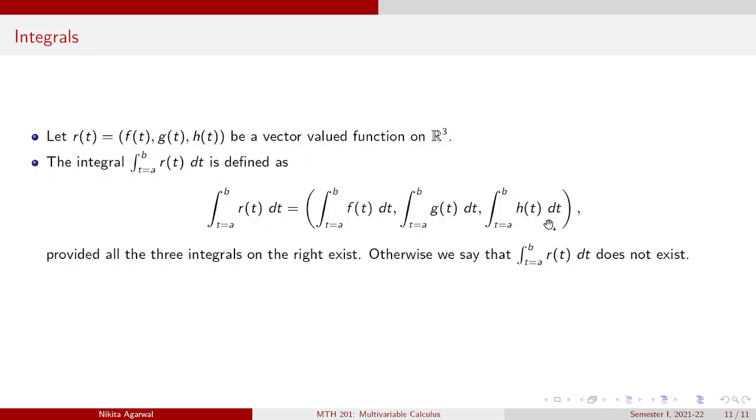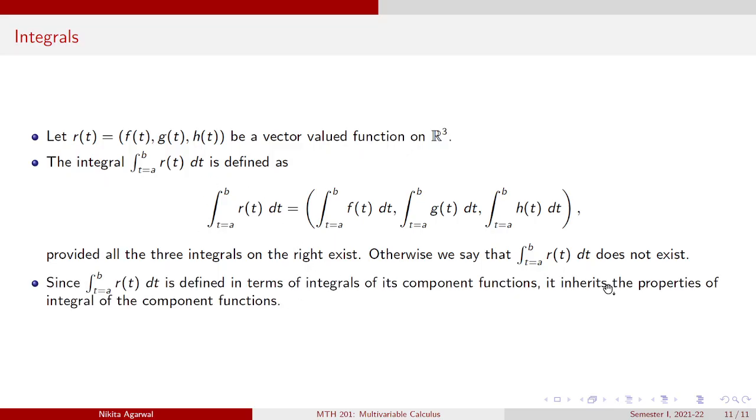Now you know the notion of Riemann integrability. So that's the notion of integration that I'm talking about here. So if all these three integrals exist, then we say that the vector valued function r(t) is integrable. Otherwise we say that it does not exist.